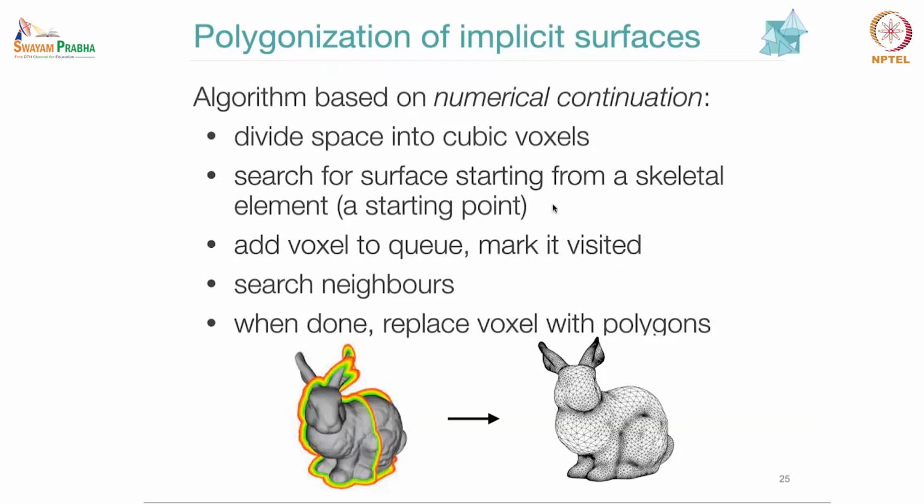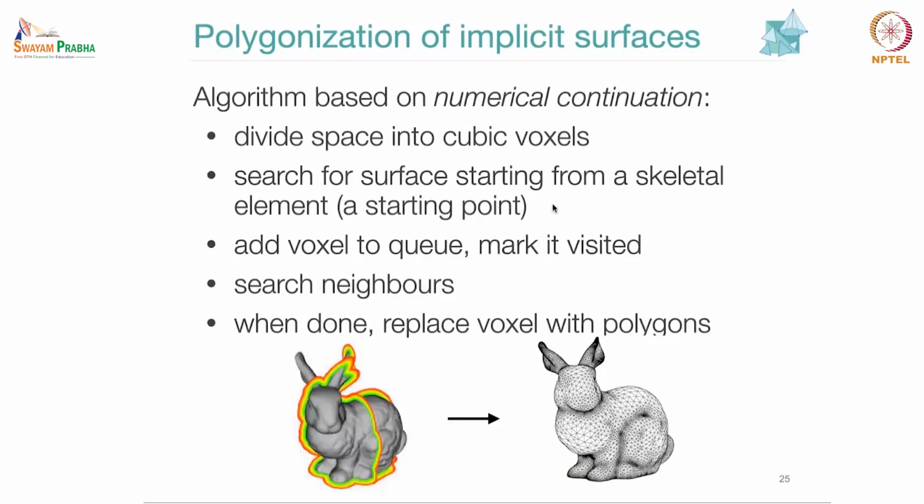Then you select that voxel and queue it up for further processing. You keep searching the neighbors of such voxels, and when you are done, you replace those voxels with their polygons. There are certain configurations that define how to convert a voxel with a given set of corner values into its polygonal representation.